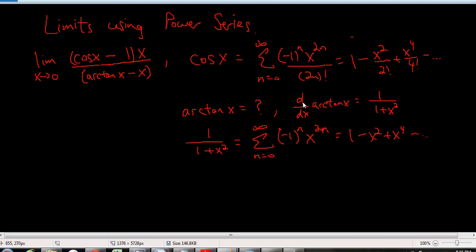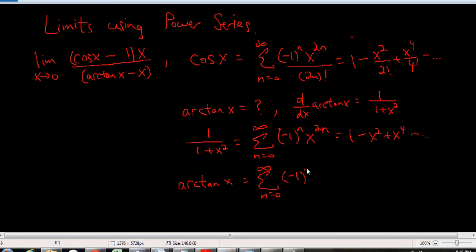Because we know the derivative of arctan gives me back this, I can integrate this to get back arctan. So let's integrate both sides. Arctan of x gives me the integral here, because the derivative of this gives me this. So to get from here to here, I need to integrate.